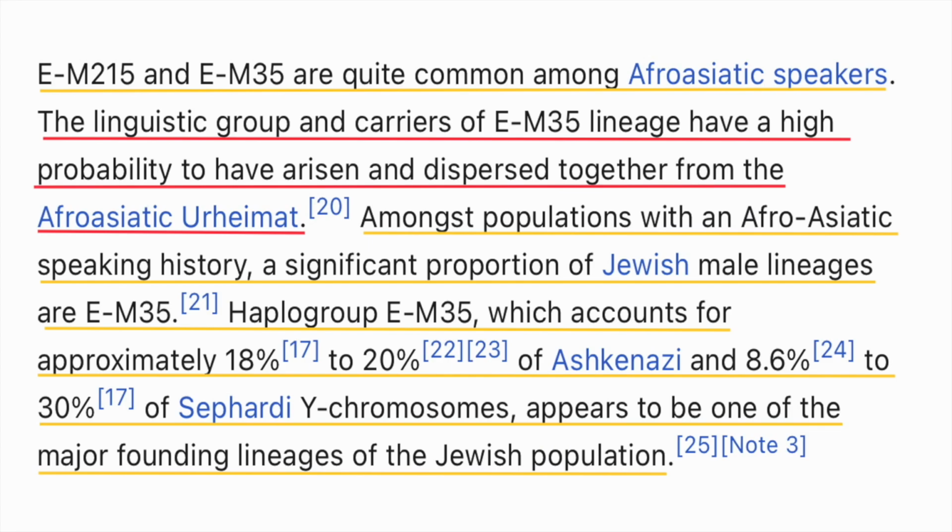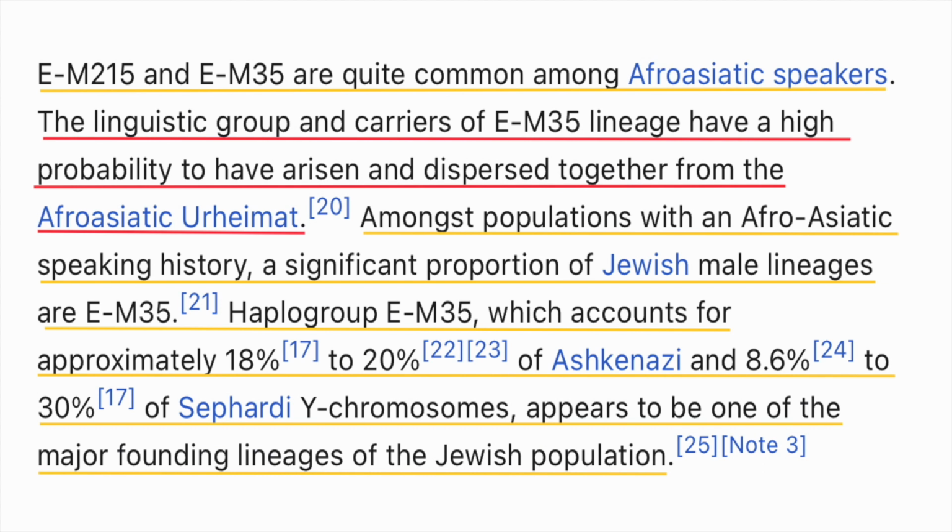E-M215 and E-M35 are quite common among Afro-Asiatic speakers. The linguistic group and carriers of E-M35 lineage have a high probability to have arisen and dispersed together from the Afro-Asiatic homeland. Amongst populations with an Afro-Asiatic speaking history, a significant portion of Jewish male lineages are E-M35.